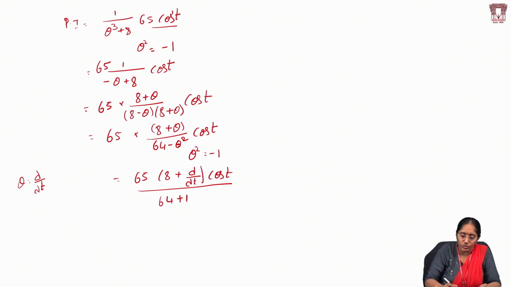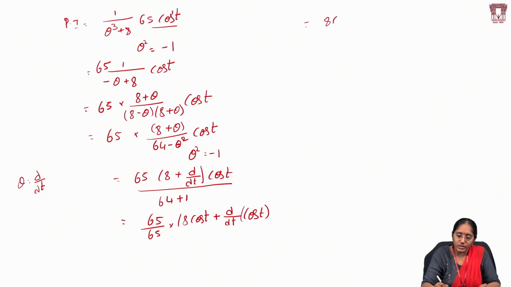Just simplifying, you will get 8 cos t plus the derivative of cos t. The derivative of cos t is minus sin t. So we get 8 cos t minus sin t. This is our particular integral.